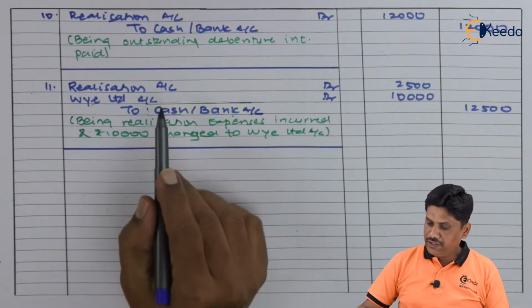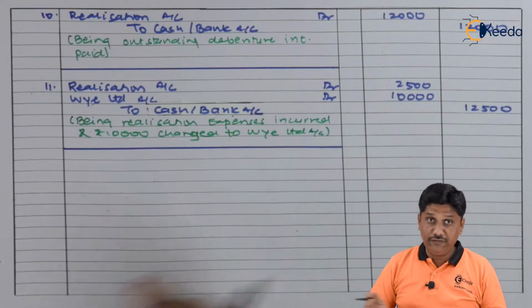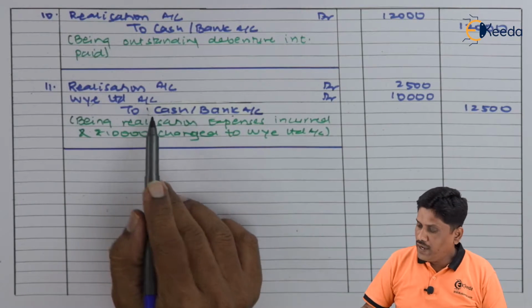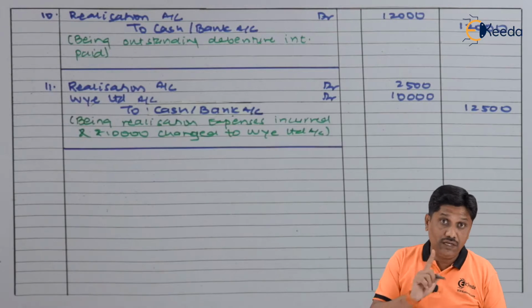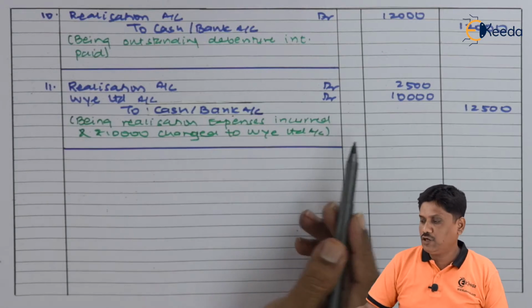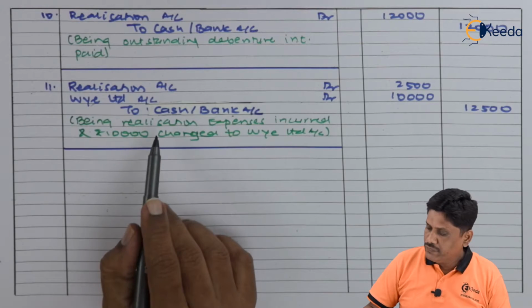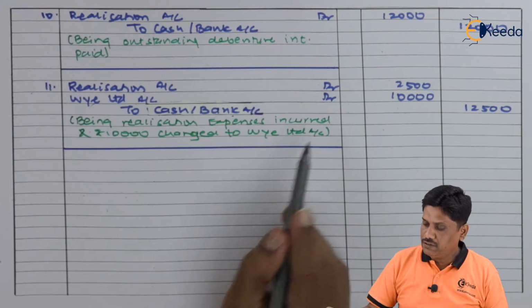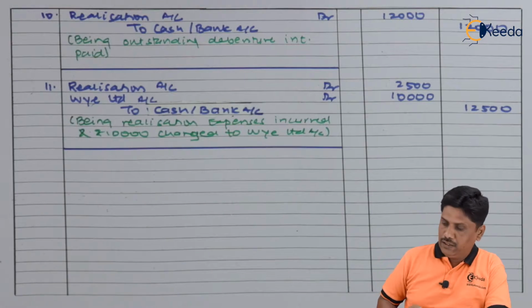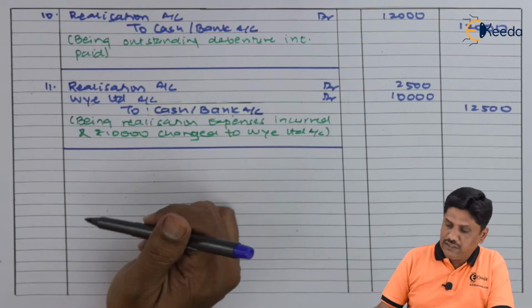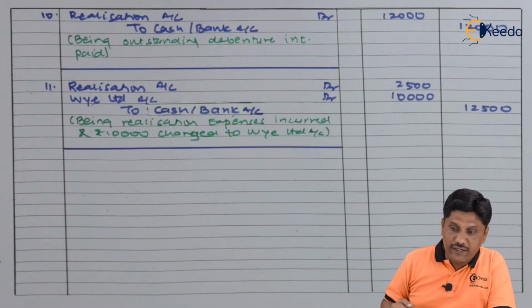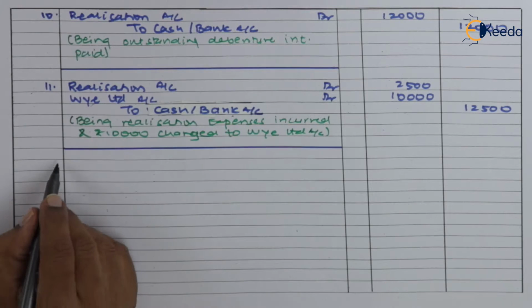Friends, our entry is realization account debit 2,500, which we will bear. Y Limited account debited 10,000, which they will bear and reimburse to cash or bank, which is spent 12,500, being realization expenses incurred and 10,000 charged to Y Limited. Now Y Limited will reimburse our amount, so I will say cash or bank account debit to Y Limited account.